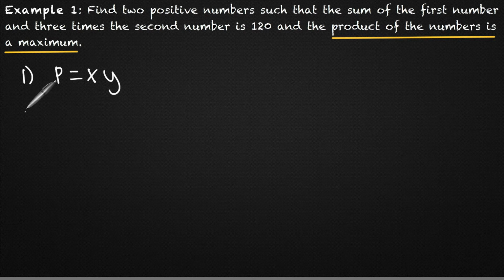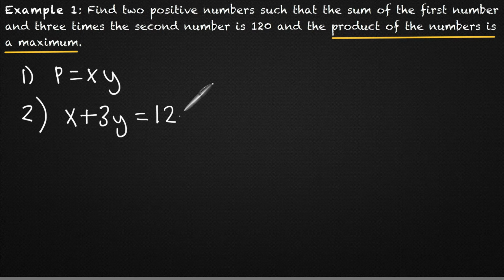Now it has two variables, so I need to write another equation that will relate x with y. That's where we use the first sentence. Find two positive numbers such that the sum of the first number, so we'll call x the first number, sum means plus, and then 3 times the second number, so 3y, equals 120.